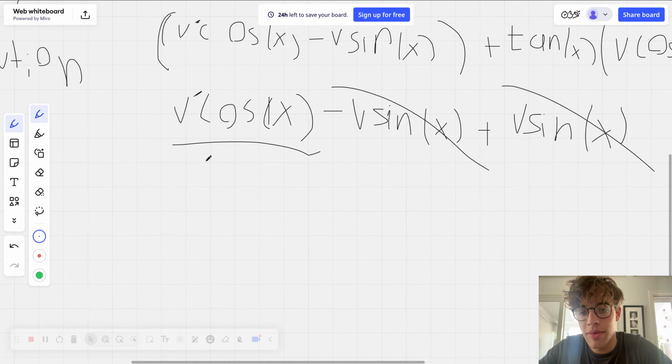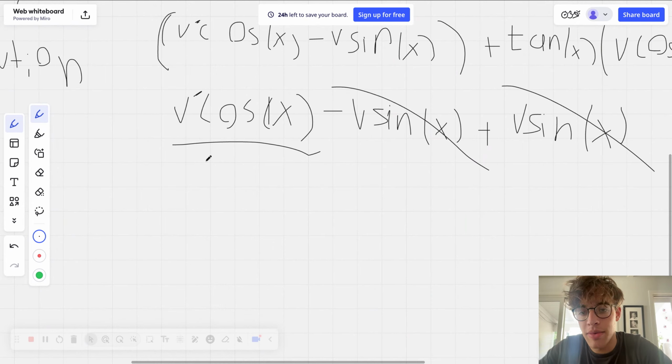All right, so now to find v, we integrate both sides, and the integral of tangent is negative ln cosine x plus c, and so this is our v.